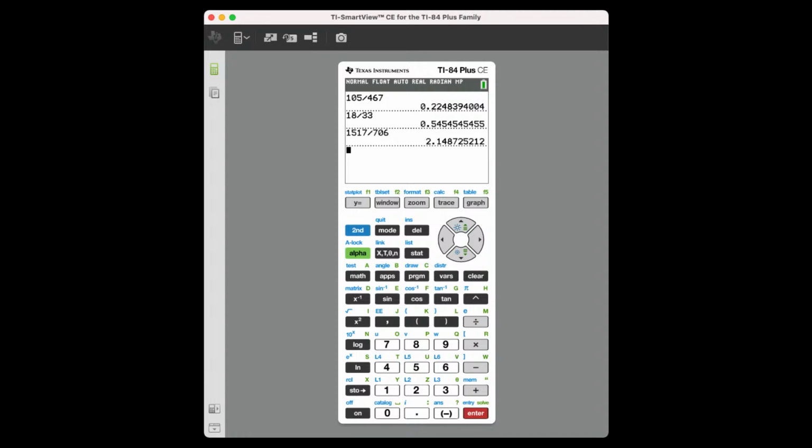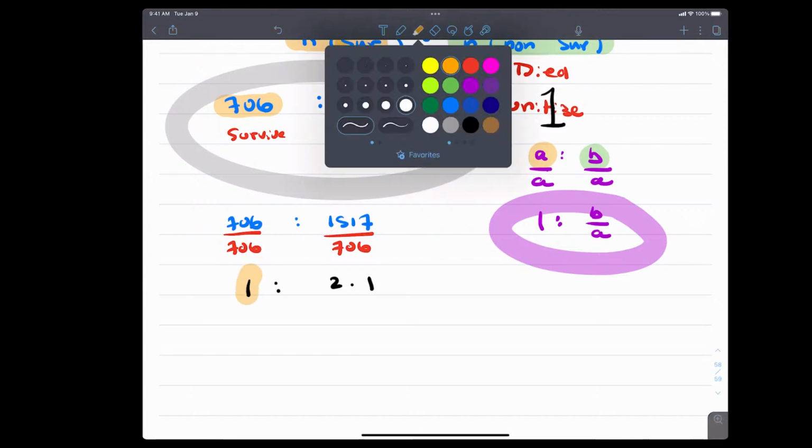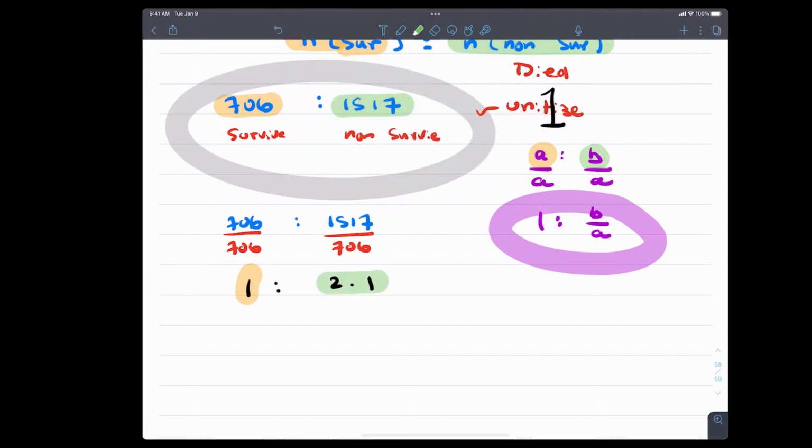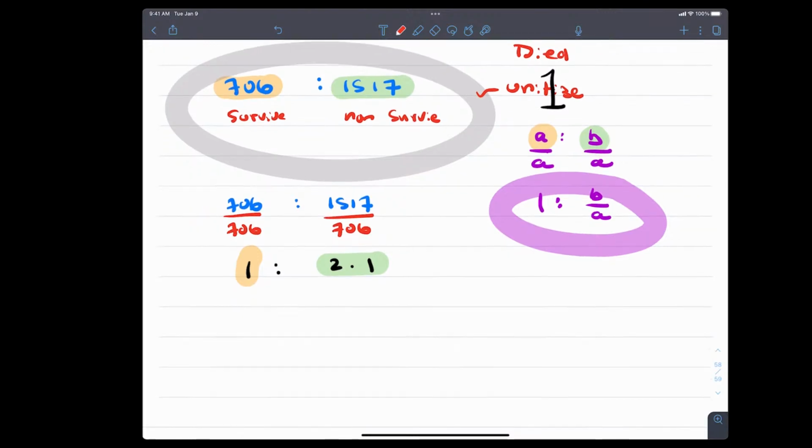Okay, so let's see what that means if we go to the nearest tenths. You might say, what does this unitizing mean? Well, that's 1 to 2.1. Let's look at the quantities. What does this represent? You guys remember what 1 represents? In orange, that represents the survivors. And then what does this 2.1 represent? The non-survivors.